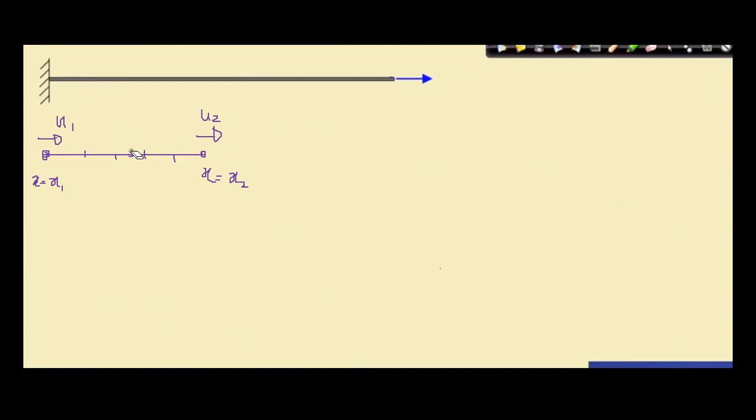So the displacement in the x direction can be written as ax plus b, because it's linear, since you only have 2 points and you can determine these 2 constants, right? At x equals x1, u is actually u1.